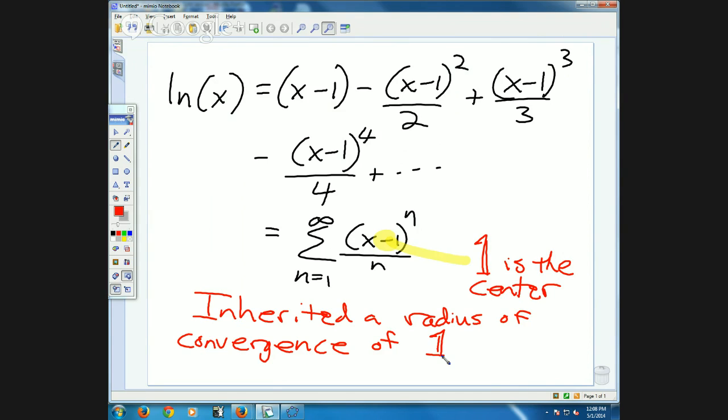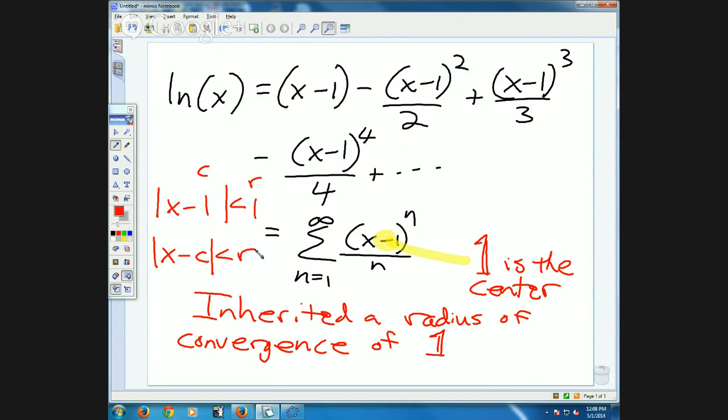It's always going to be absolute value of x minus whatever the center is, C for center, less than the radius. What's my center? 1. What's my radius? It happens to be 1 too. So in general, the absolute value of x minus some center is less than some radius, and that gives you an interval of radius r, centered at C.